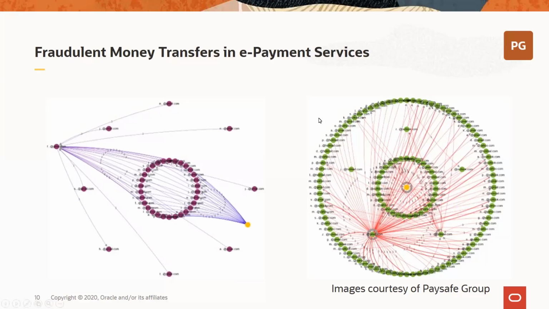So these two screenshots were kindly provided by a company called PaySafe. PaySafe are one of the leading providers of e-wallets and online money transfers. And what they've shown here is how fraudsters are using their systems to work around limitations and to try to obfuscate money flows. On the left-hand side, every vertex, every dot you see here is an e-wallet.